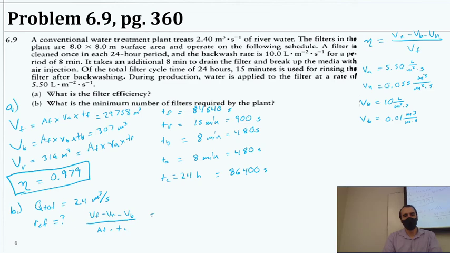Okay, so we have most of that, or actually all of that, since we solved all those other pieces. So we can take a look, and before we get our answer, one thing we should consider is this should be a loading rate that is a little bit less than our actual loading rate. So this effective loading rate should be a little less than the VA, right? So if VA is 0.0055, then we expect the effective one to be less than that because we're wasting some water, right? So it cannot be above that. If we get an answer that's above it or that's way, way, way below it, probably wrong given that our efficiency was pretty high.